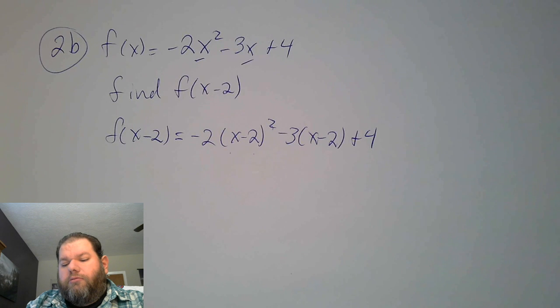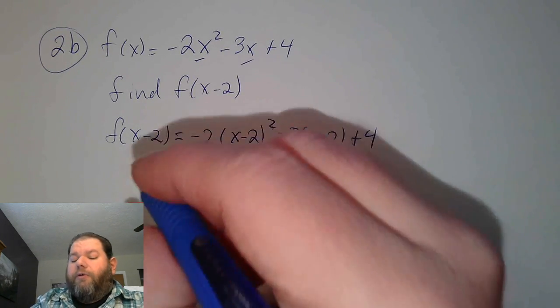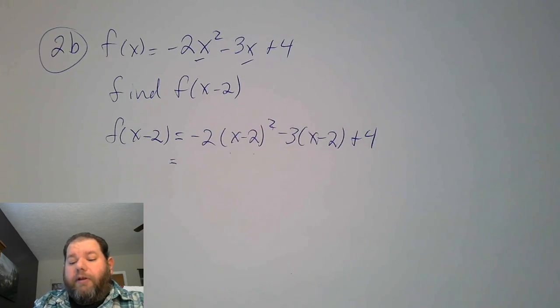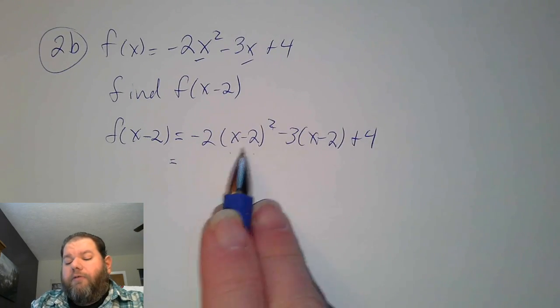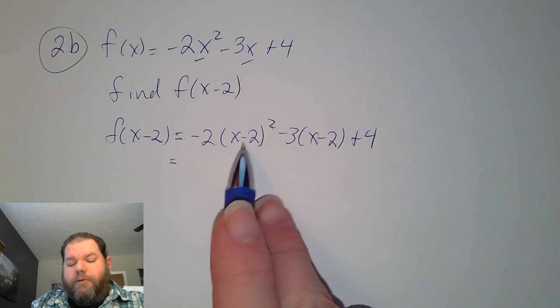Now, all we really need to do from here is multiply this out and simplify. We don't have to solve anything. We just want to simplify our expression and see what f of x minus 2 is equal to. In order to multiply everything out and simplify, we first have to square this binomial.